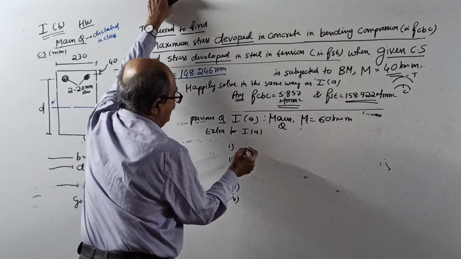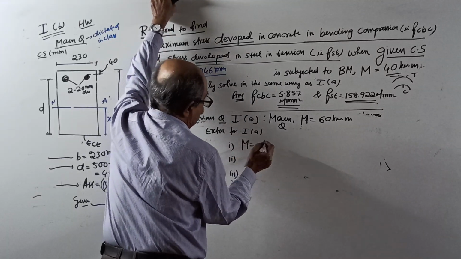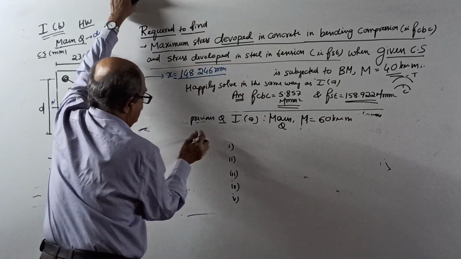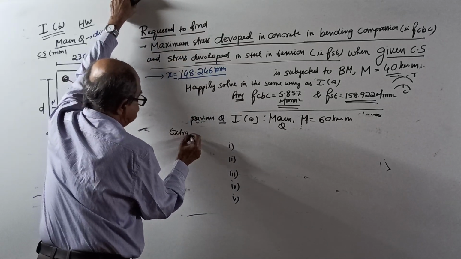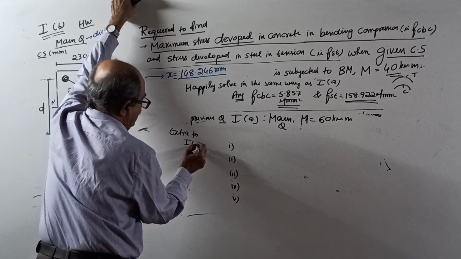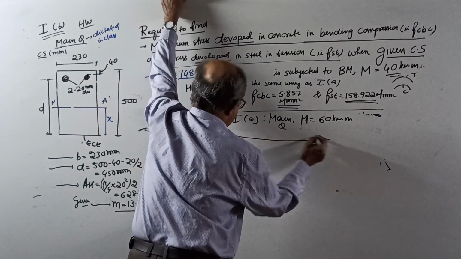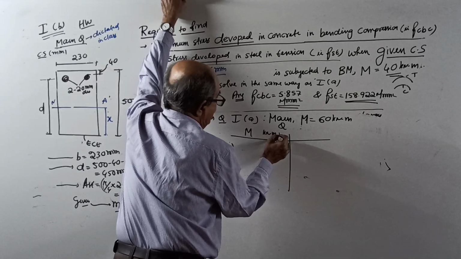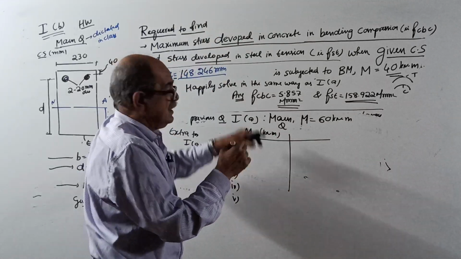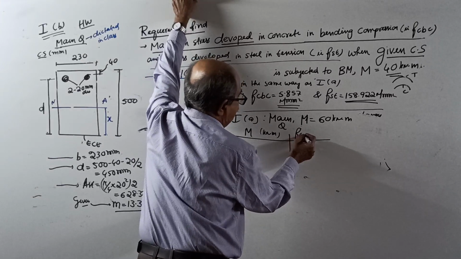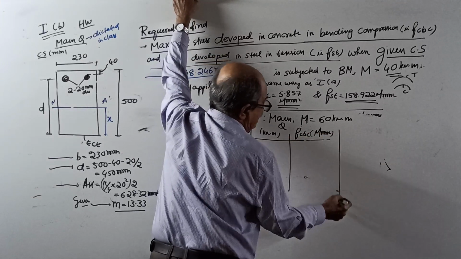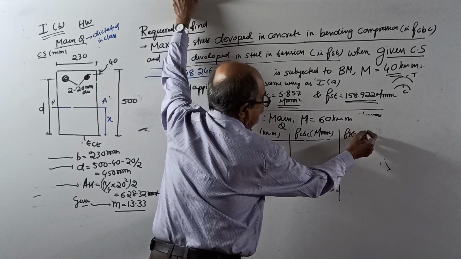Only 5 are there. I'll give the M value here in kilonewton meter. So if any correction is there, refer to this one, not that one. I'll write the FCBC answer in Newton per mm square, and also the FST answer in Newton per mm square.